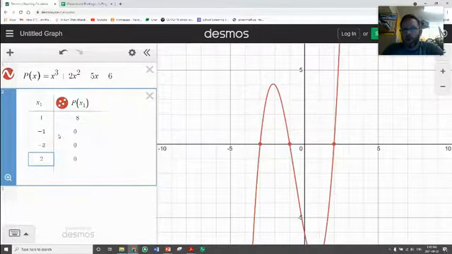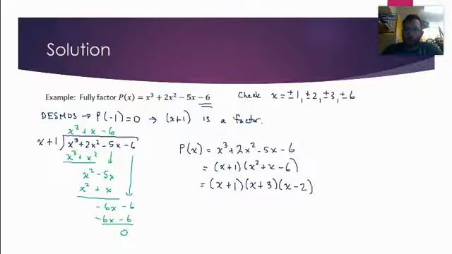Now, I do want to say this, that with technology, we could have easily checked all 8 of these possibilities, found the 3 that work, and gone right to our factored form, which is okay if you just need it to be factored so you can do something else.